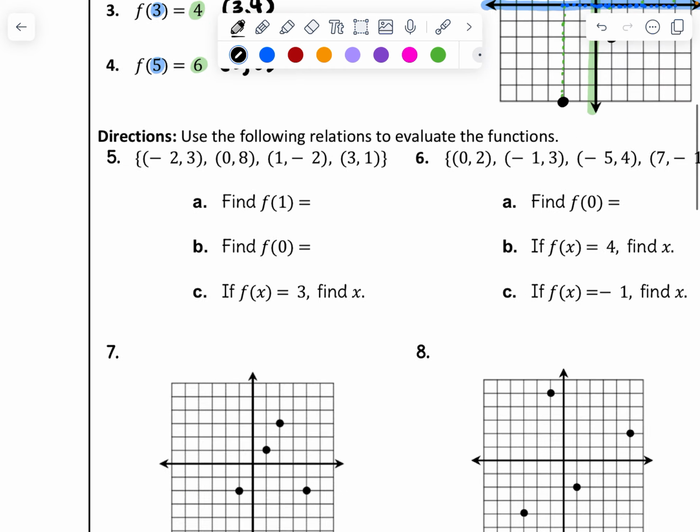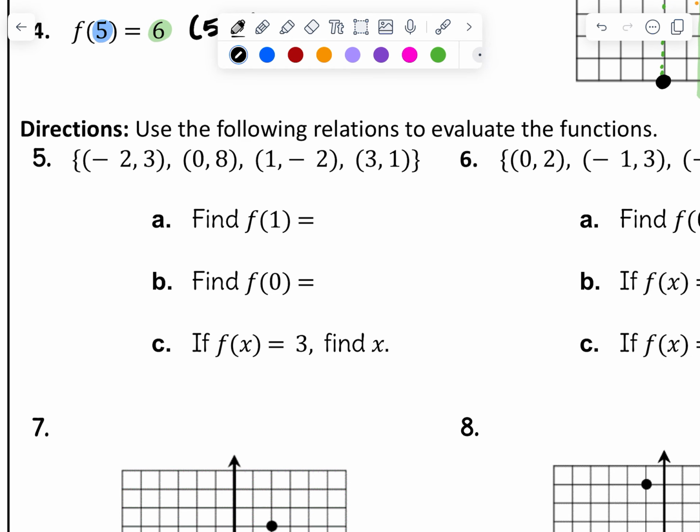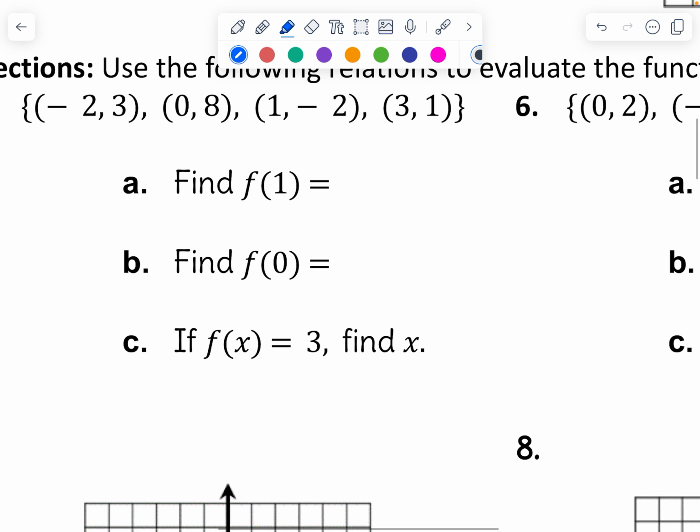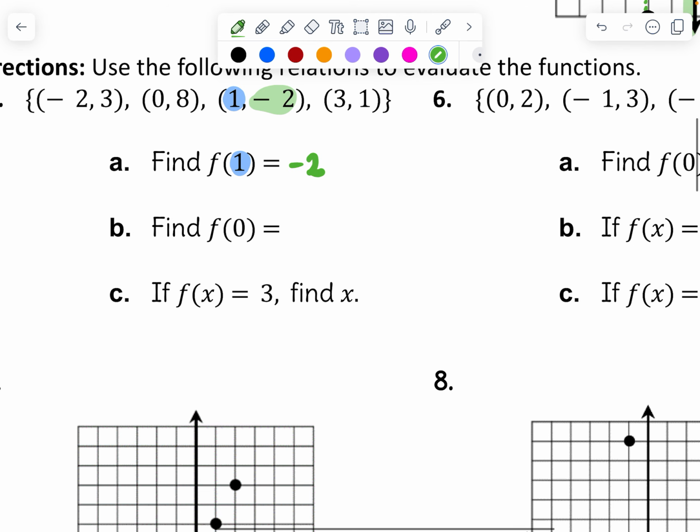Now let's look at this information, but rather than on a graph, it is a set of ordered pairs. Find f of 1. Well, the point where x equals 1, the output is negative 2. So f of 1 equals negative 2. Find f of 0. So where the input is 0, the output is 8.